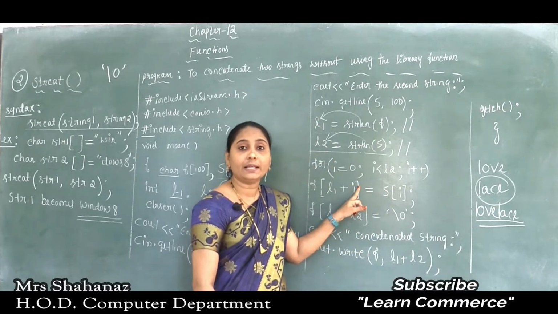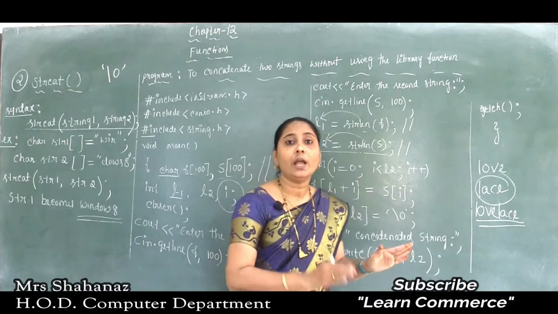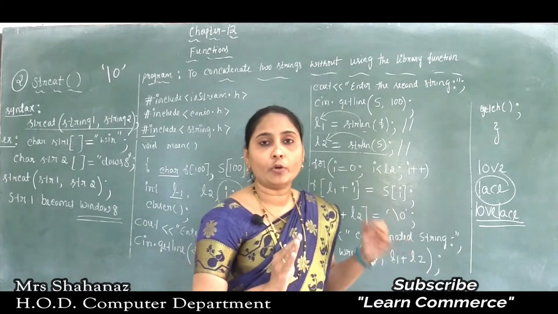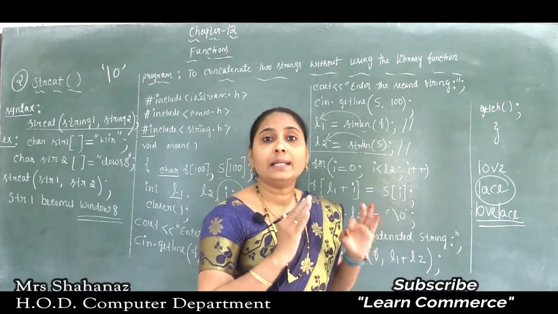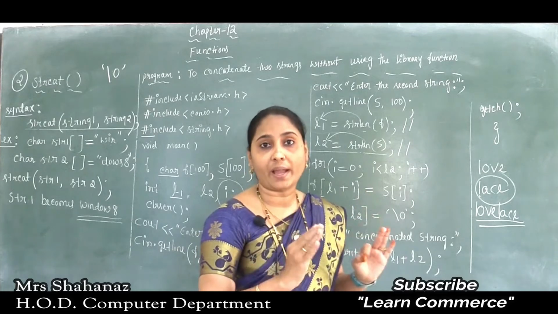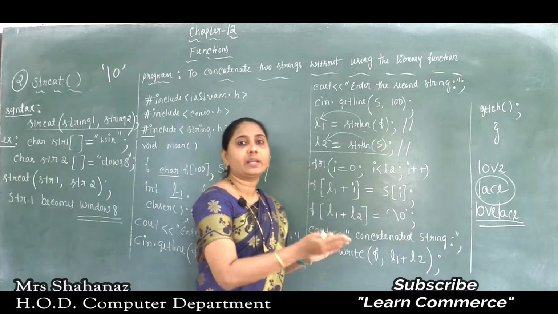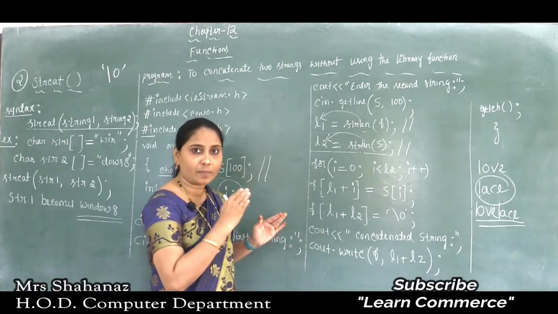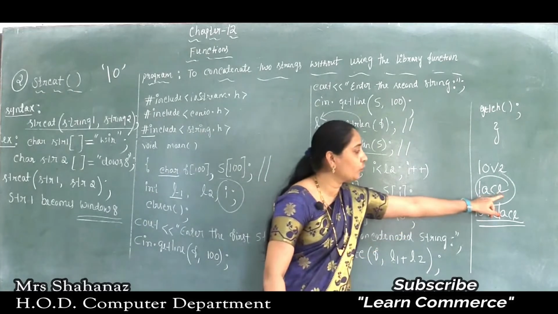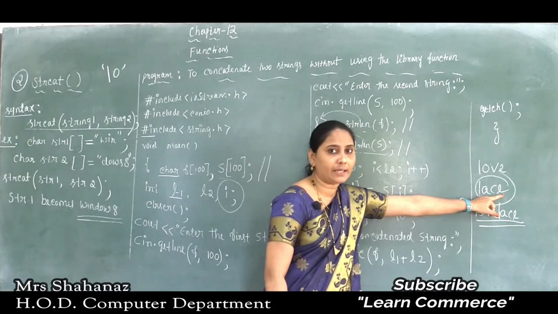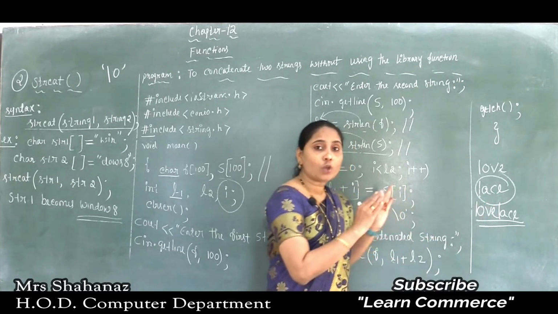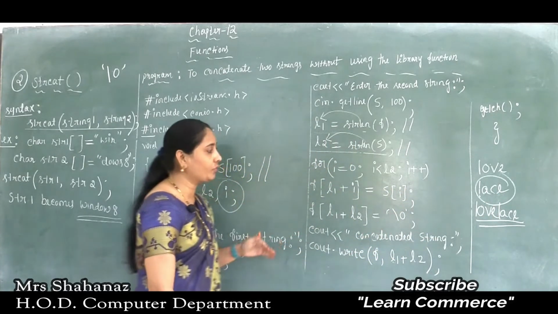On that time only it is going to stop. Till the condition is satisfied, it keeps accessing characters one by one. Clear this one? As long as our condition is satisfied, it keeps accessing characters one by one. But once there is no character after that, it needs to stop the accessing of the characters here.